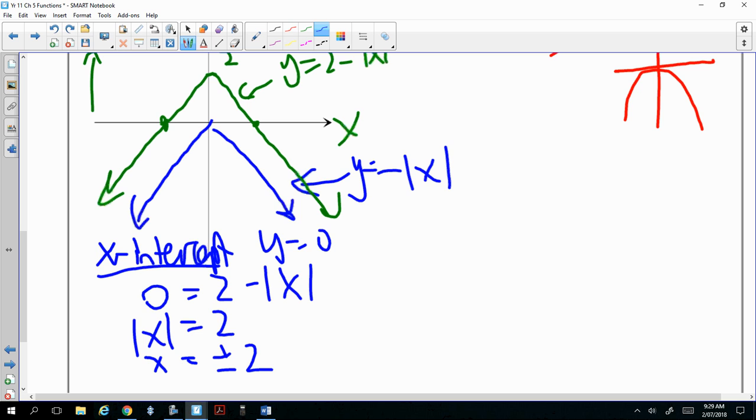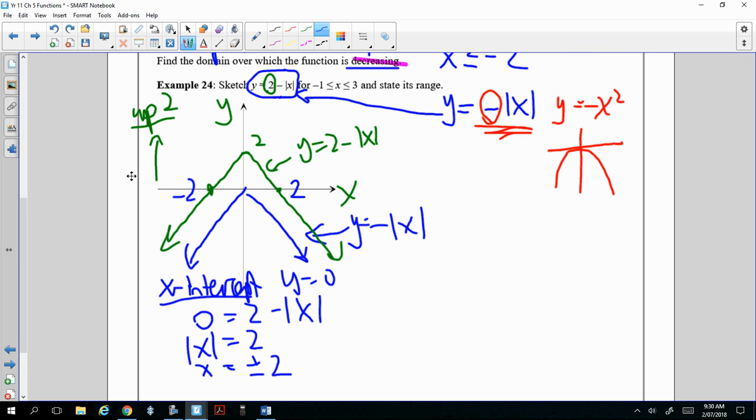Okay, alright, we're on page 19. We'll draw this graph, but there's one more part to it. Notice that they also want to sketch from -1 to 3 only. So you have to remove some parts of the graph. So you have to start from -1, finish at 3.